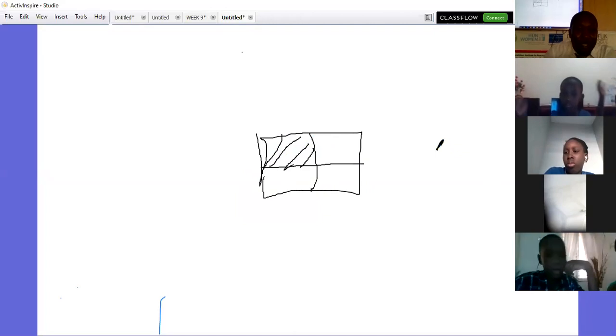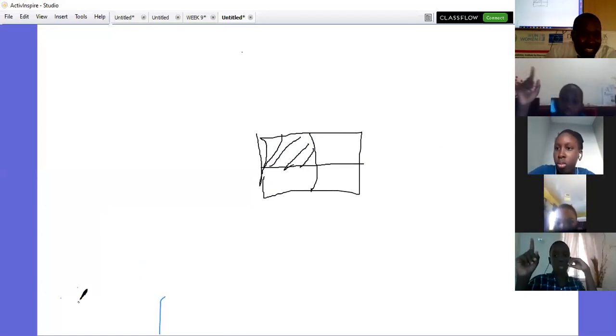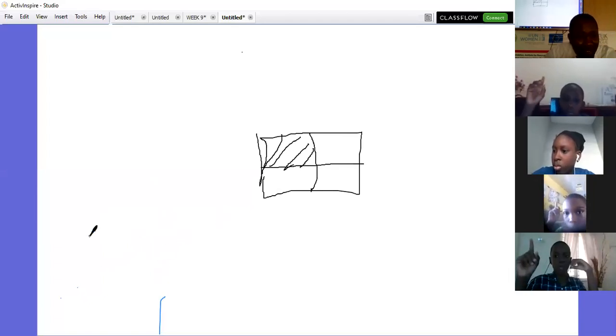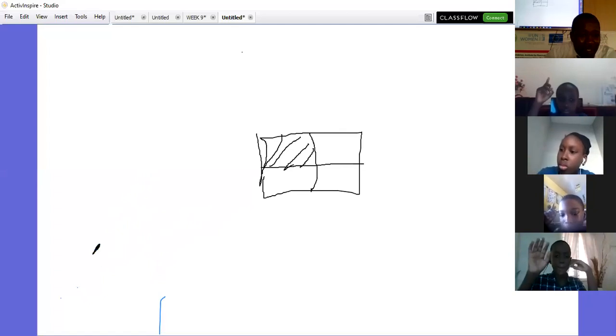Now, who can give me the type of fraction that we have on the screen here? Yeah, I can see Adubi is raising his hand. Abdurrahman is raising his hand. Okay, Taiwo too is raising his hand. Okay, let Taiwo tell us.